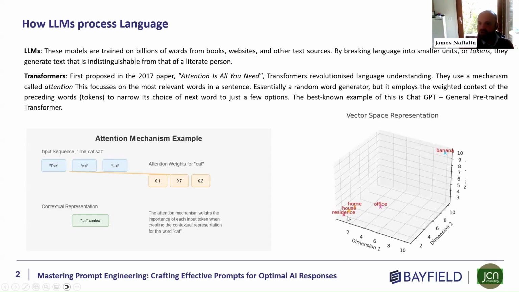So here we see that residence, house, home would all be quite close together in the vector space, and then we have office that is close but a bit further, but not exactly in the same cluster. And here we have banana that is completely the other side of the vector space.